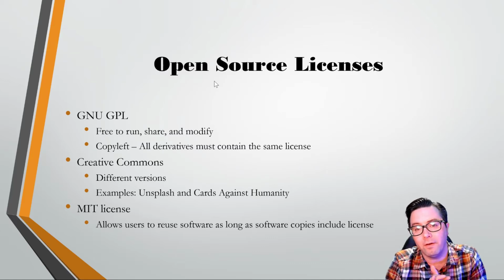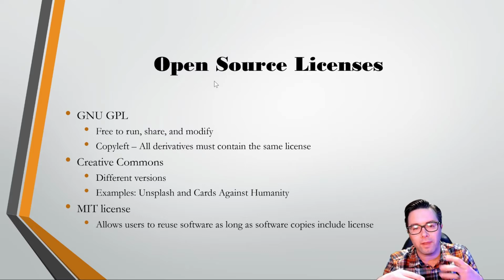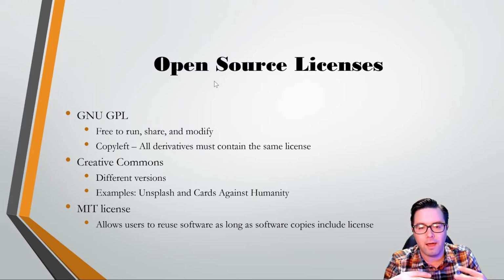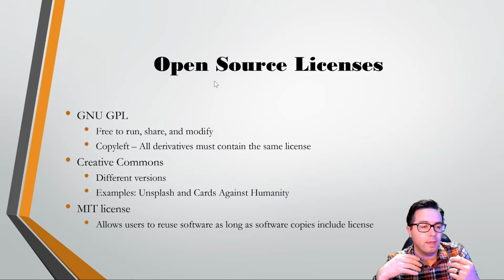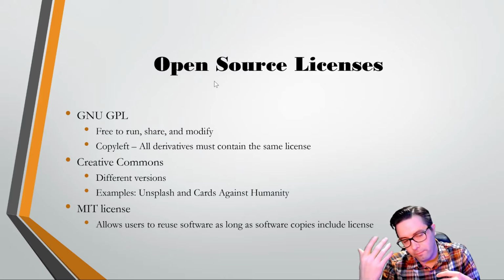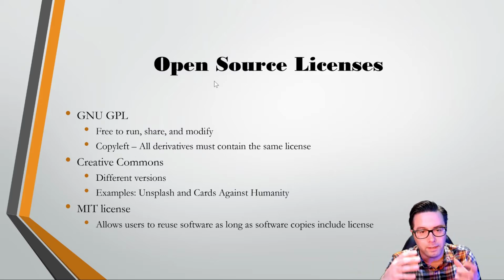Another type of open source can be very common to this, and there could be overlap, but Creative Commons is another open source sort of thing. So Creative Commons isn't just for software. It could be used for videos, for music, for photography, all these different things. But there's also different versions of it.